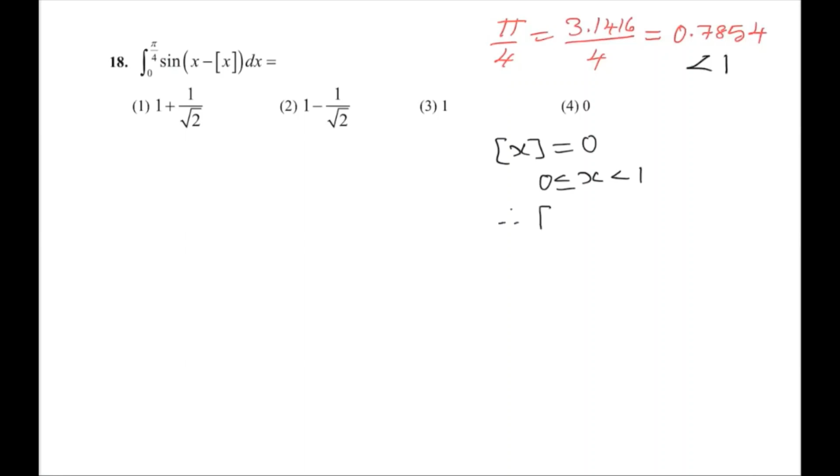Therefore, bracket x is 0 whenever x lies between 0 and pi by 4.